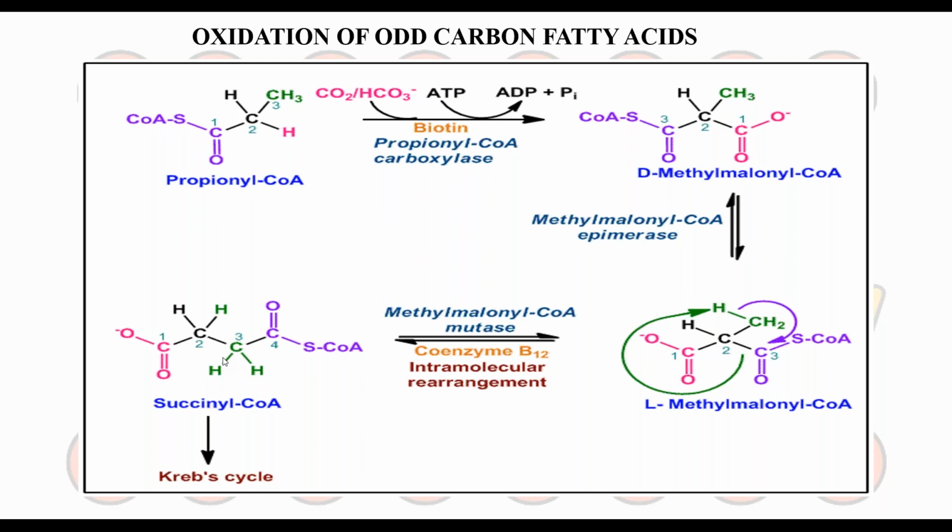Whereas in the case of bacteria or microorganisms, gamma oxidation is seen. Okay, so this is all about the different ways in which fatty acid oxidation is going to happen.